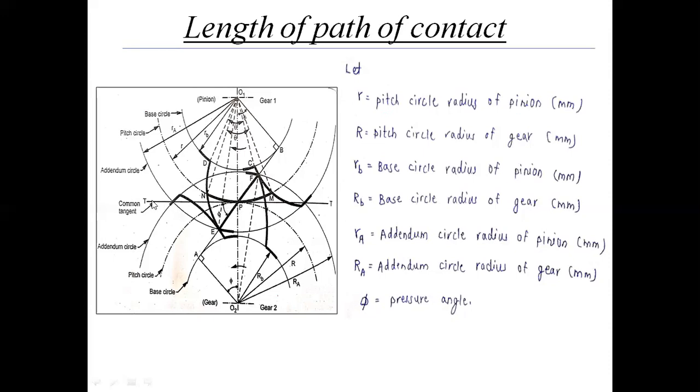Pressure angle is the angle made by the common tangent line to both pitch circles and the common normal, the common perpendicular line to the base circles. This is the base circle of the pinion, this is the base circle of the gear, and the common line drawn to the base circles, AB, is the common normal line.